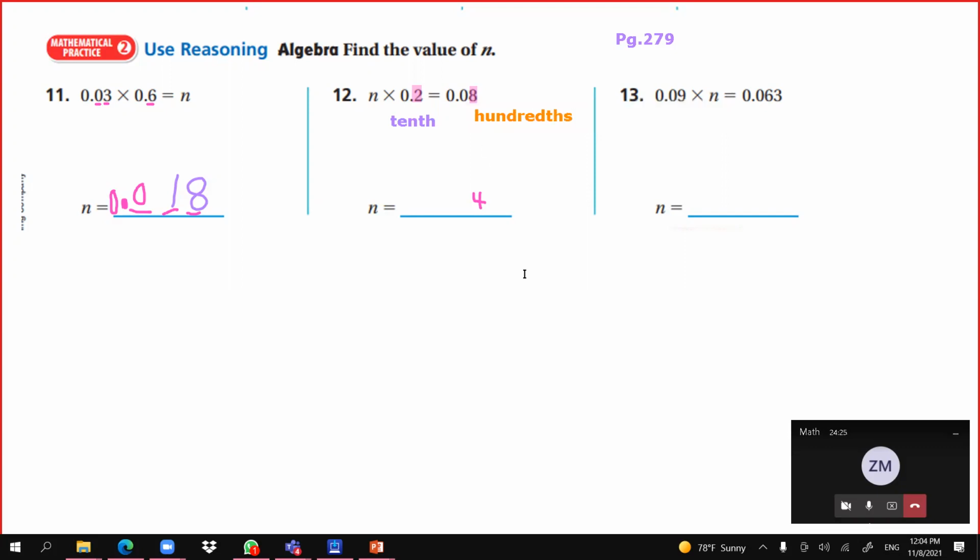Okay, so after that, I will ask: what is the digit that I multiply by tenths and get hundredths? I have 3 choices. Is it tenths, hundredths, or thousandths?